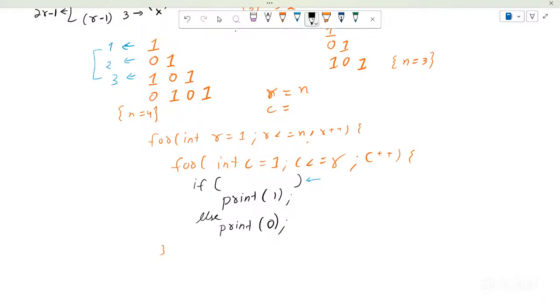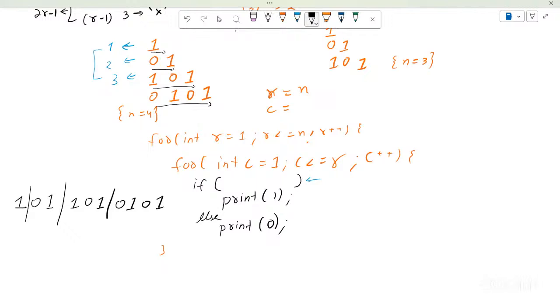Let's say if I flatten this out, how will these numbers look? Can I say that 1 0 1, 1 0 1, 1 0 1, then 0 1 0 1?